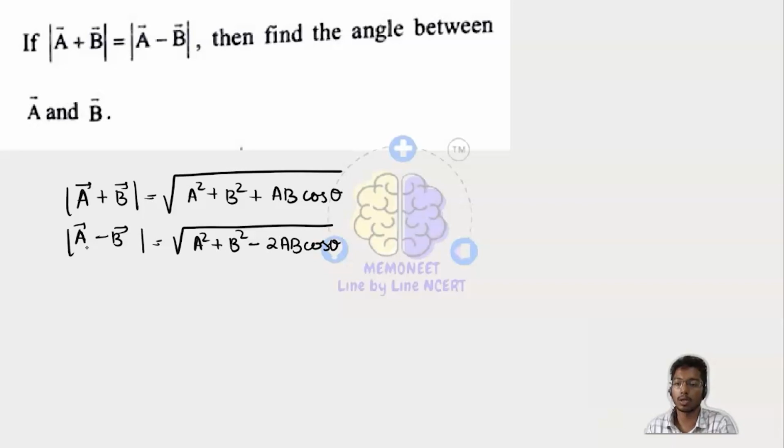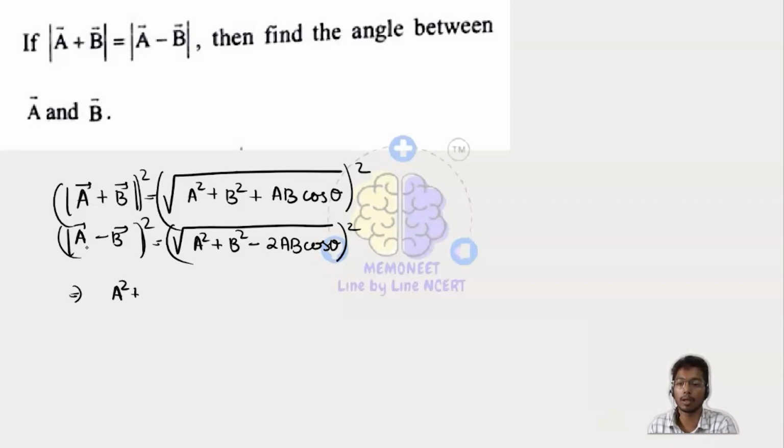So here these two components are equal, so we square both sides. The magnitude of a vector plus b vector is equal to the magnitude of a vector minus b vector. On squaring both the sides, it will not be affected.